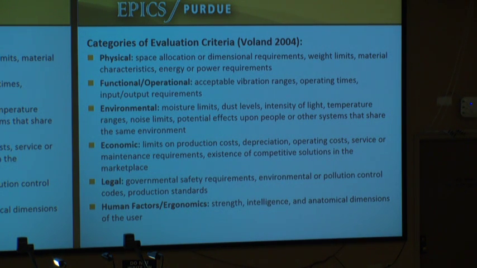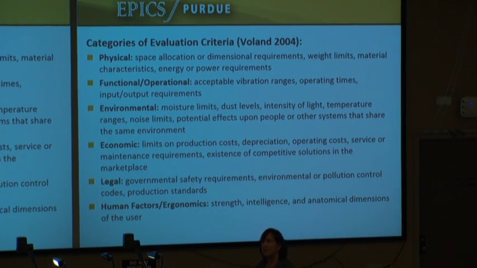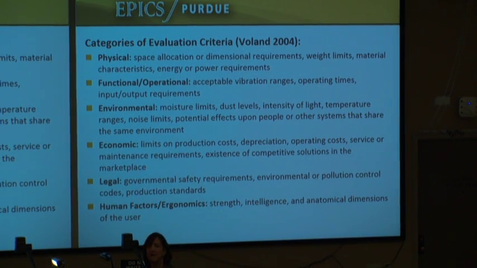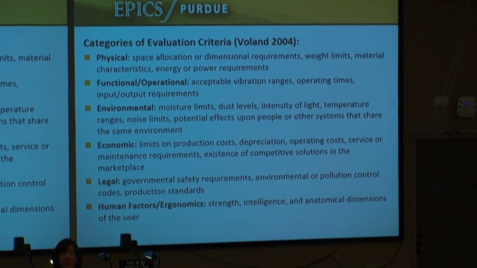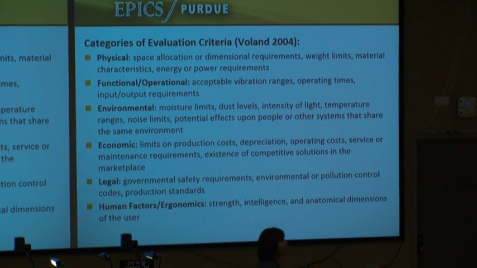And then human factors or ergonomics. So some of the things even talk about easy to use. Certainly that's a characteristic that might be desirable for your project, but how do we define that? So you might look at how many errors they had within a certain amount of time, or how long it took to do it.